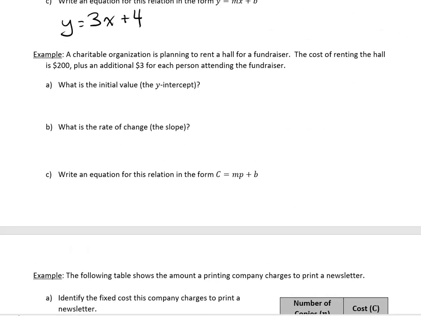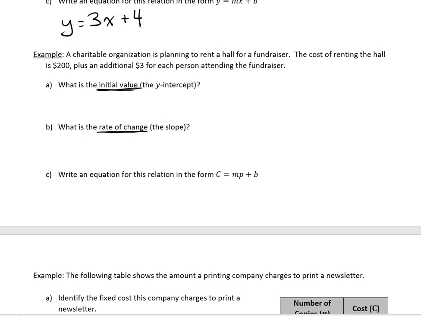We can also have it as a word problem. We'll look at word problems a little bit more later, but it's important to just get an idea here that for a linear relation in particular, we're looking at an initial value, basically what happens when the x value is 0, when nothing else is going on, just a base starting value. And then we're going to look at the rate of change, which will be represented by our slope.